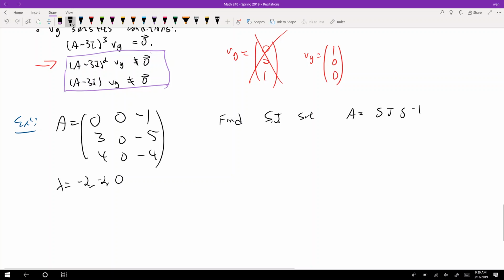It's a little different from before in that we don't have the same eigenvalue repeated 3 times, but rather 2 distinct eigenvalues. So what do we want to do? Is the 0 going to give us any problems? No. Why can't the 0 give us any problems?